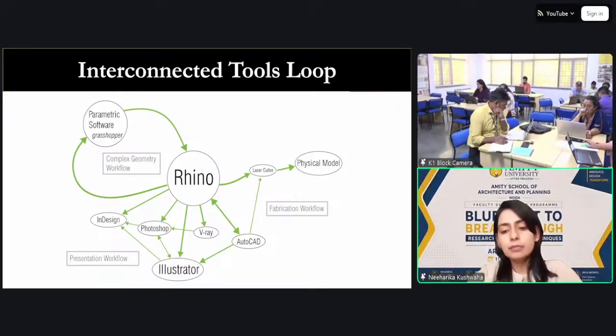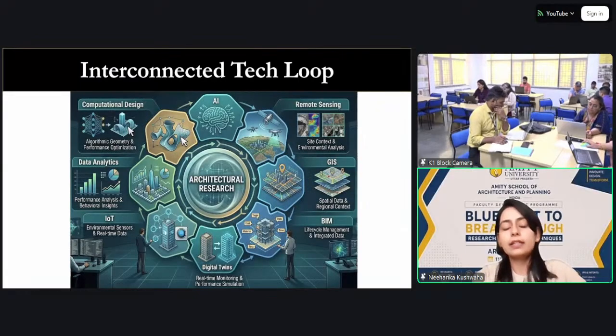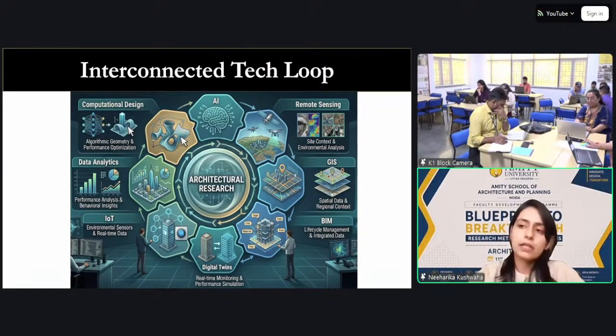Now, similarly, for AI, let's say it's an interconnected tech loop. It does not operate in isolation. For architectural research, it exists within a large ecosystem of these intelligent research technologies. This slide further emphasizes my point, where AI is embedded within a broader technological infrastructure.